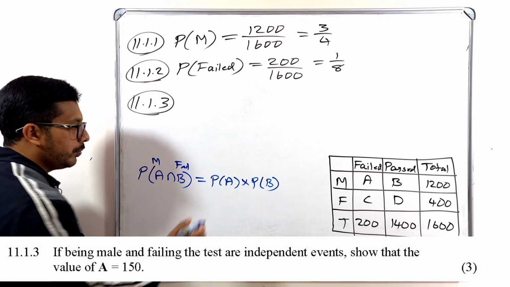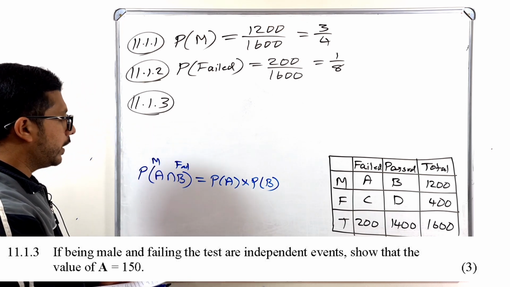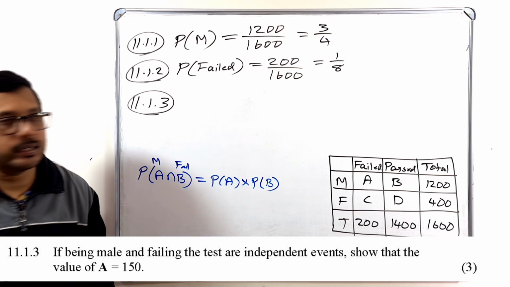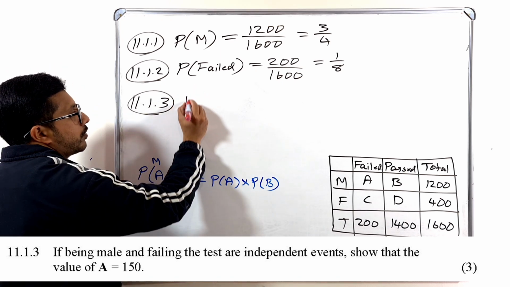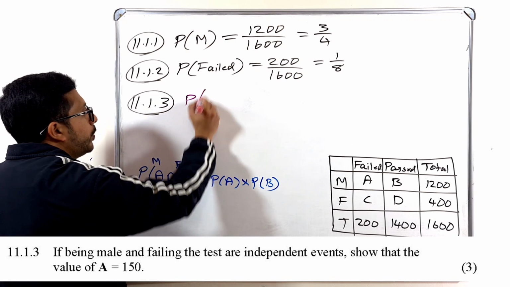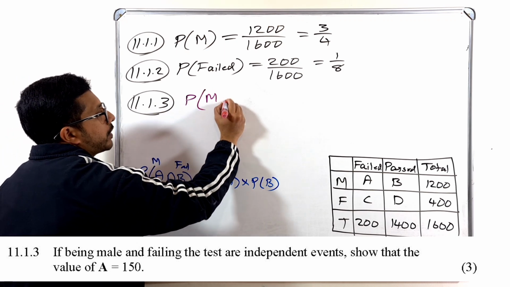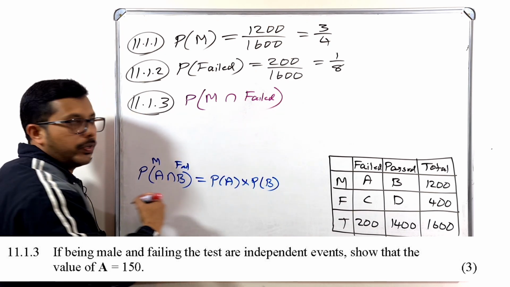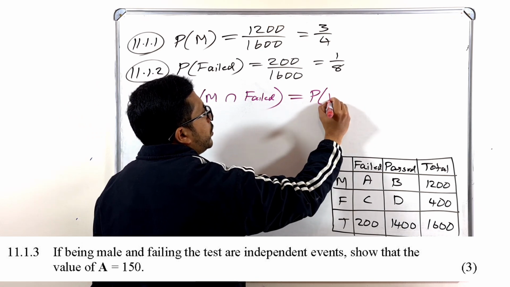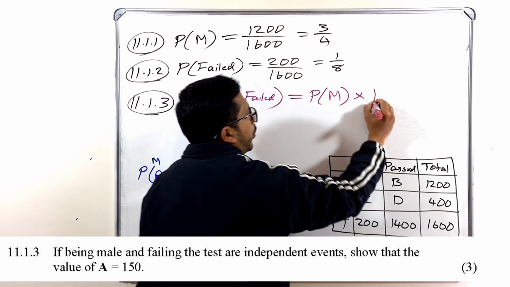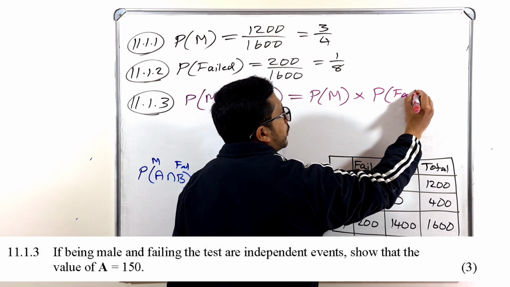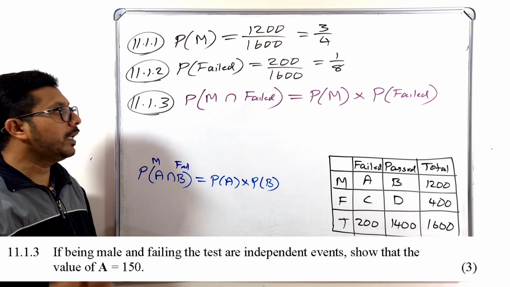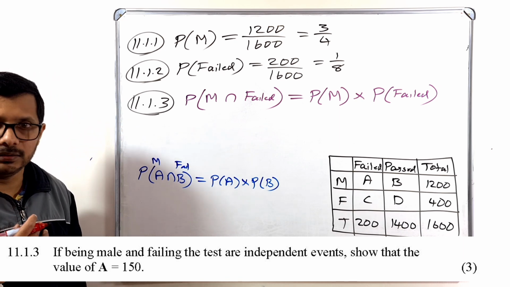First we have to write that condition. For the two events, being a male and failing the test, I am going to write: probability of male intersection failed is equal to probability of male times probability of failed, because it is given in the question that being a male and failed are independent.